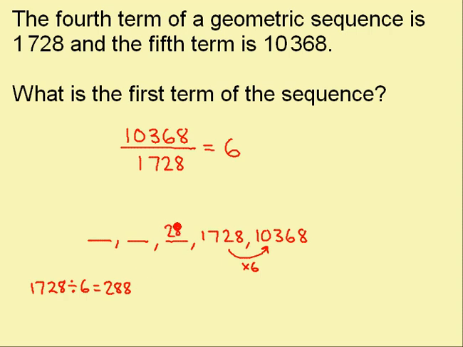That's the third term. I can divide this by 6 to get the second term, and that gives me 48. And to get this one, I just do 48 divided by 6 again, and that's 8. So the first term of the sequence is 8.